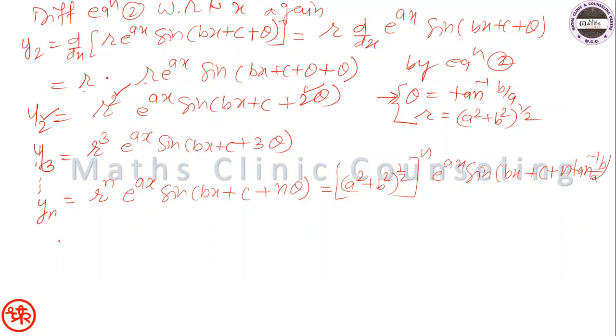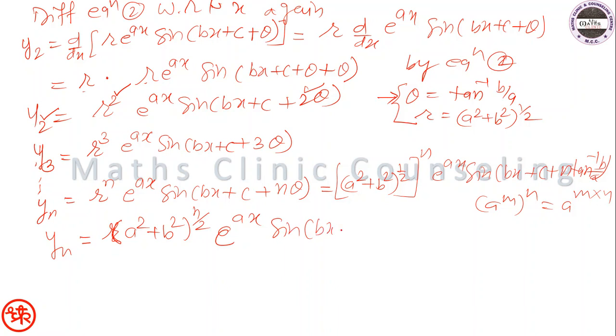Is that clear? So yn is equal to क्या हो जाएगा, a square plus b square raised to 1/2 raised to the power n. You know that a to the power m to the power n is equal to a to the power m into n. So you will get r की वैल्यू क्या हो जाएंगे आप, a square plus b square raised to the power n/2 e to the power ax sin of bx plus c plus n into tan inverse of b by a.